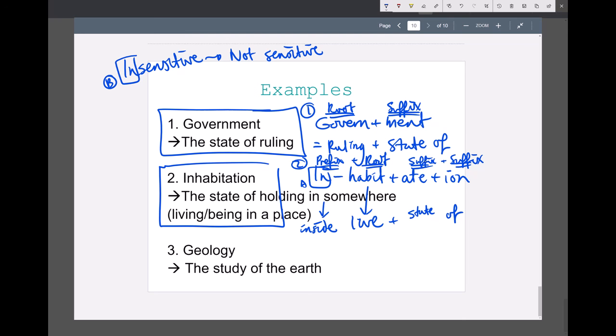And then geology, you already know. Geo is the root, means earth, Greek, and then OLOGY means the study of. So that was a brief introduction on how to recognize different parts of words.